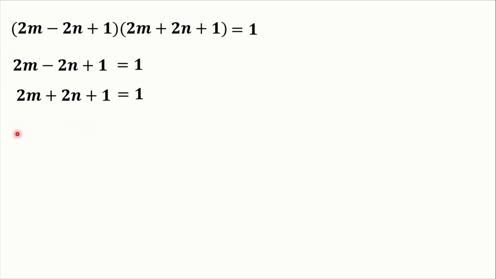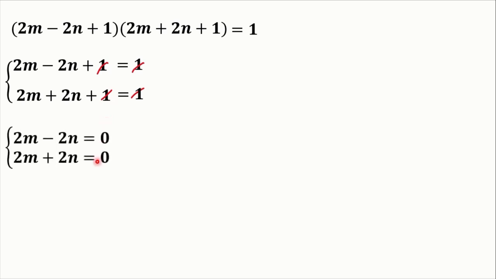We can consider these two equations as a system. We can cancel 1 here, 1 here, 1 here, 1 here. So we get the following, another system which has this form.